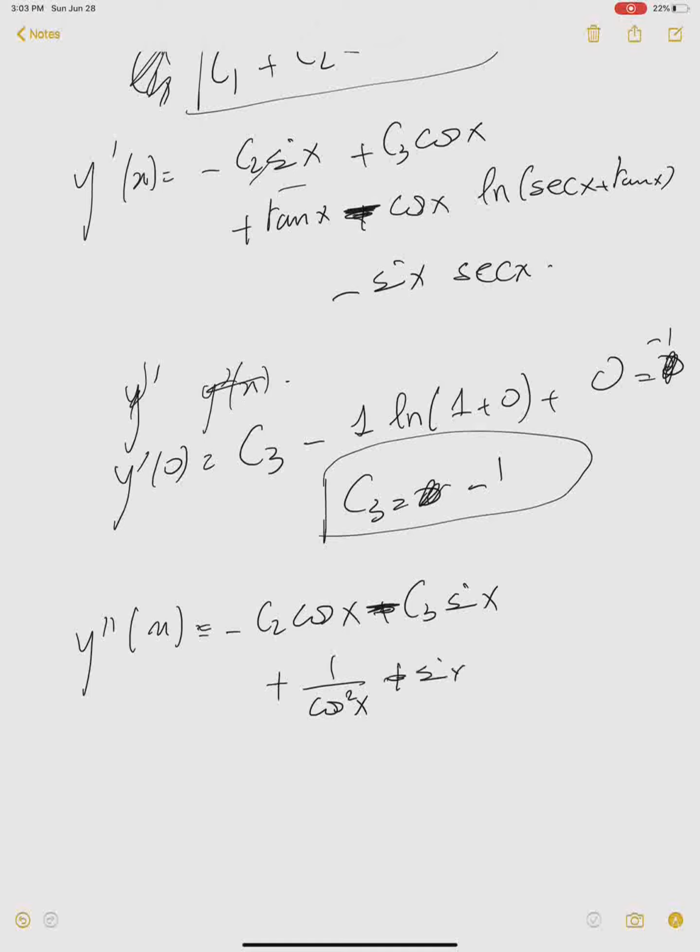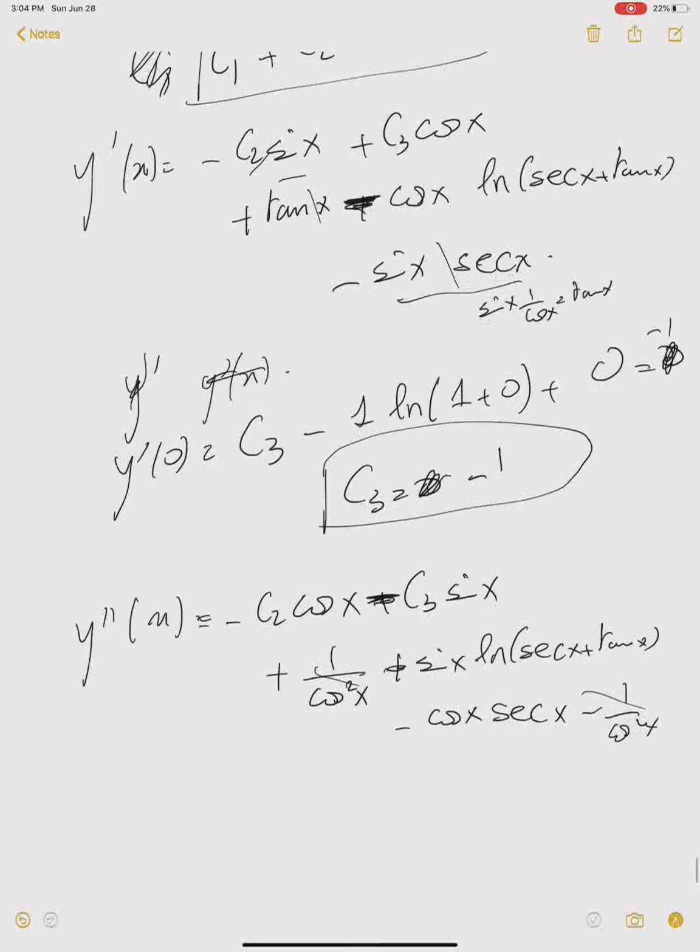It is sine x times log of secant x plus tangent x minus cosine x times the derivative of log secant plus tangent, which is secant x. Okay. Now what is secant x? It is 1 over cosine x, which is tangent x when multiplied by sine x. This thing is tangent x, and its derivative is minus 1 over cosine square x. So these two really can cancel out. Okay, I could cancel them. So this is not really here.